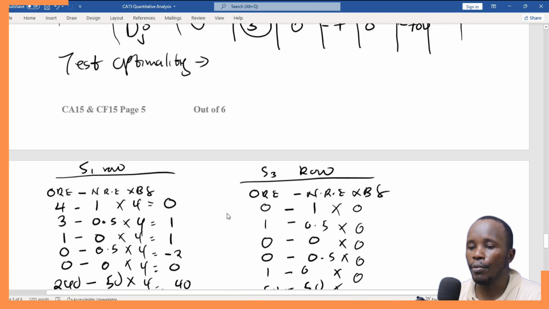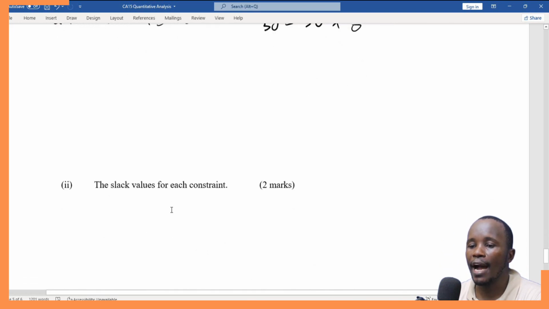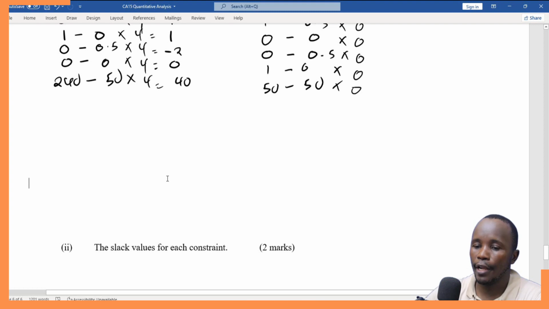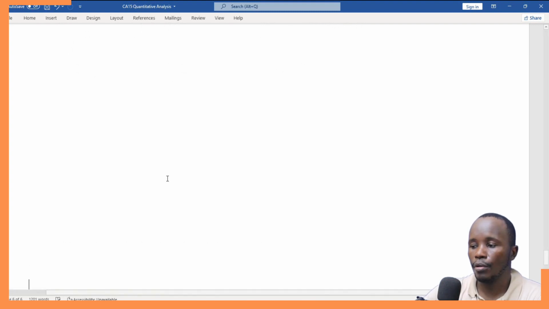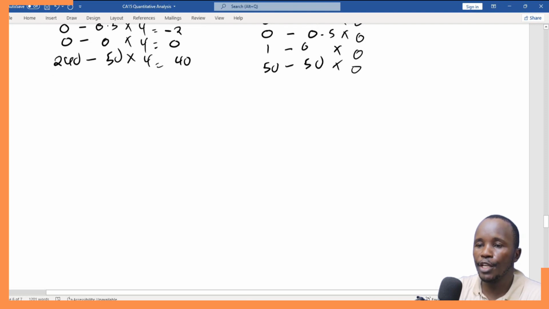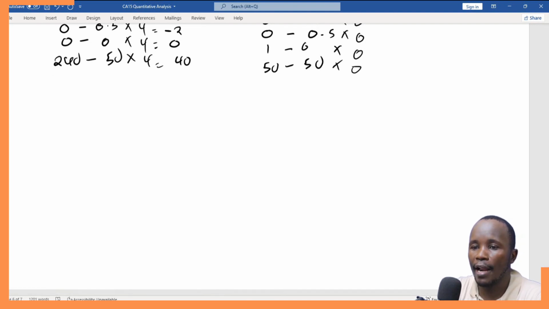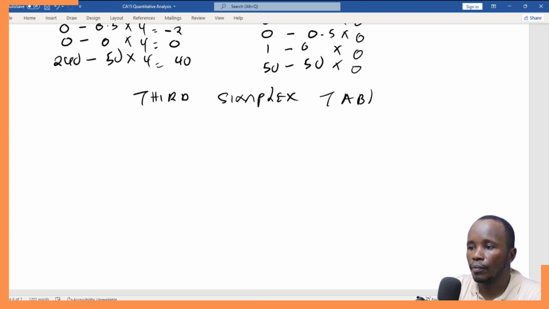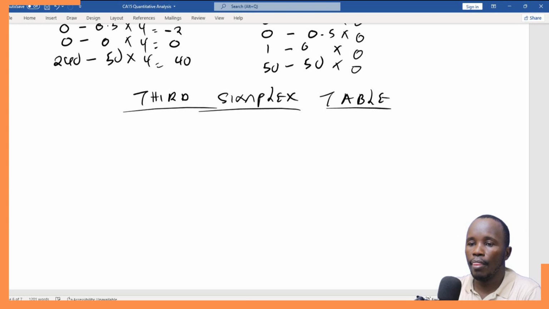If it is not optimal, it means we need to come up with another simplex table, our third simplex table.